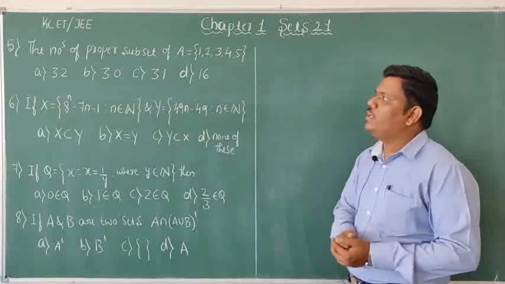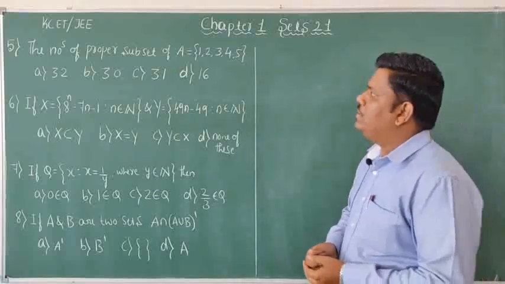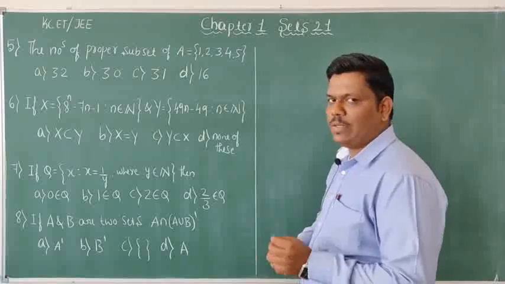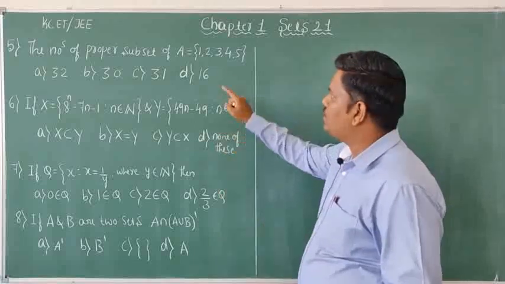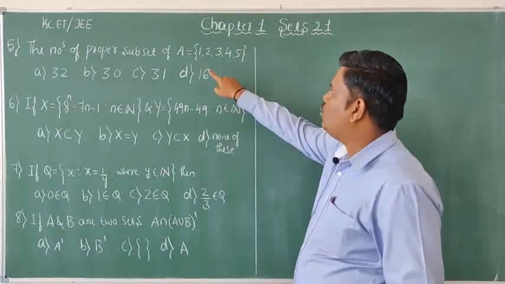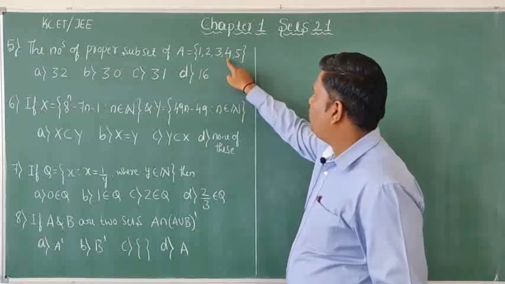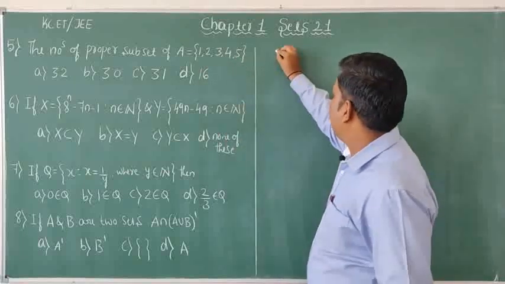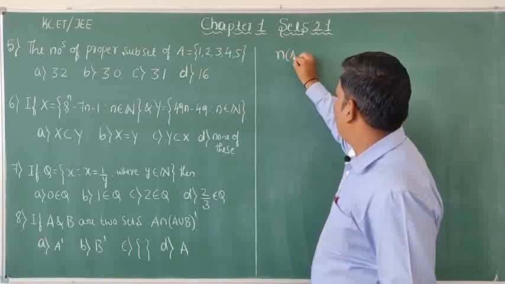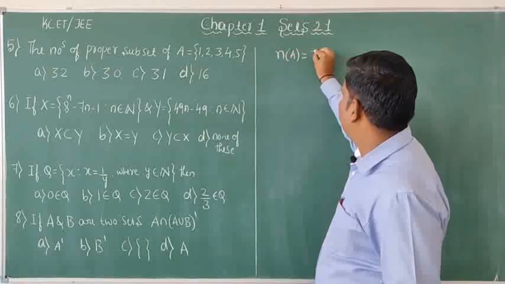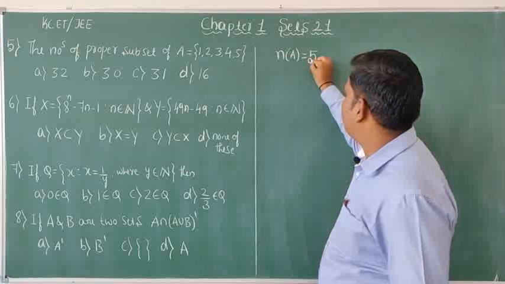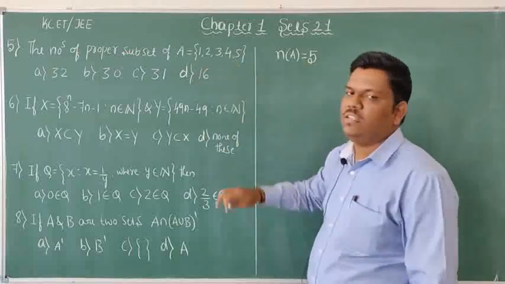The next example, fifth one. The number of proper subsets of set A is equal to {1, 2, 3, 4, 5}. Observe. n(A) is equal to 5. The number of elements present in a given set is 5.